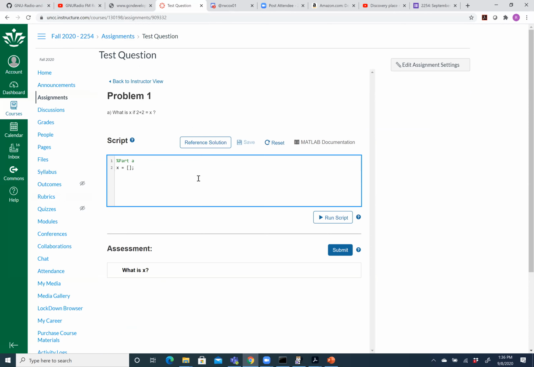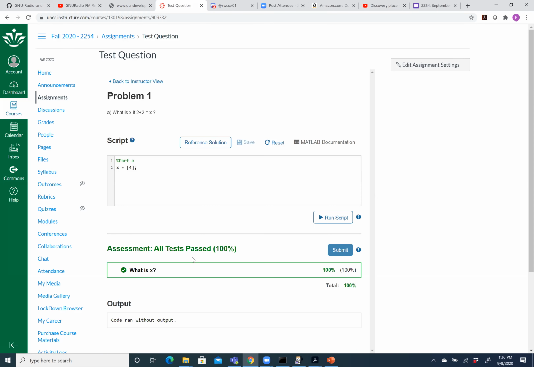So what I do is I put in that the answer is 4, and I hit submit, and it should tell me that I am correct. If you've done that, you just got all the points for that problem, all right? So what this does is it evaluates the MATLAB code in the browser. It all happens in the browser, so you're good to go.